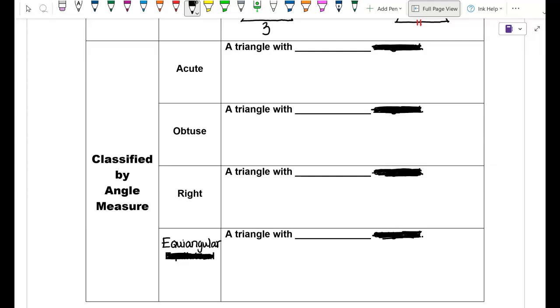So again, there are 4 ways to classify them by their angle measures. An acute triangle is a triangle with all angles less than 90 degrees.